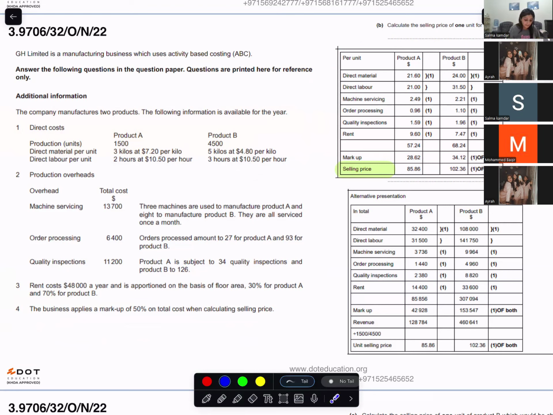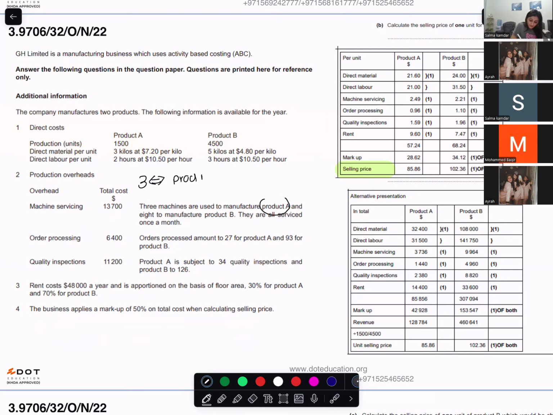So you've added the direct material, you've added the direct labor. Now you will go to the production overheads, that is the factory overheads. You have three factory overheads: machine servicing, order processing, and quality inspections. Read for machine servicing. 3 machines are used to manufacture product A and 8 to manufacture product B. They are all serviced once a month.